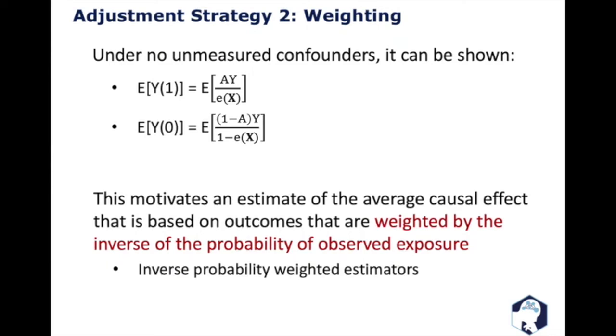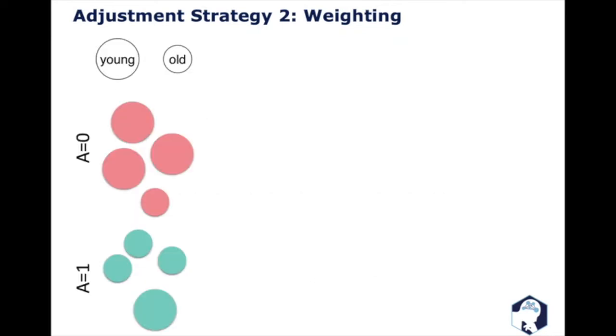I'm not going to go through the full derivations of these expressions, but under no unmeasured confounders, we have expressions for the marginal expected values of the potential outcomes that turn out to be functions of the observed data and the propensity score. And in fact, this motivates estimates of the average causal effect that are based on outcomes that are weighted by the inverse of the probability of the observed exposure of each individual in the study. And these types of estimators are often called inverse probability weighted estimators.